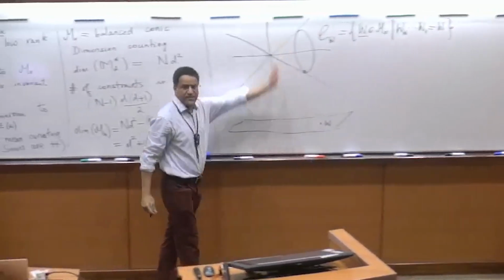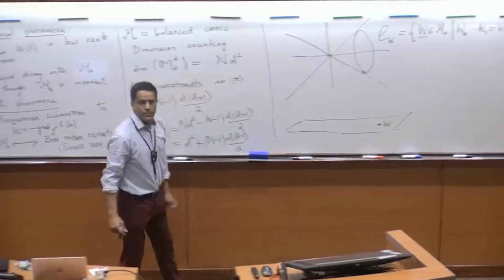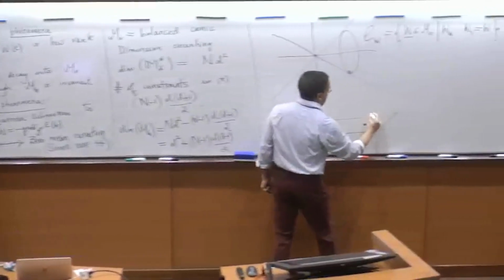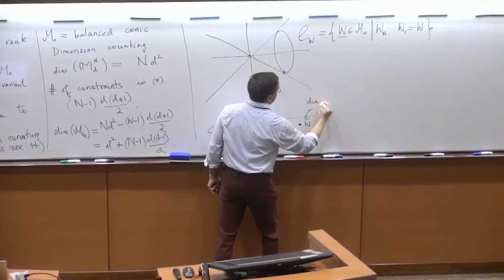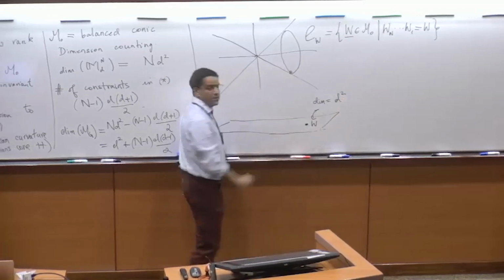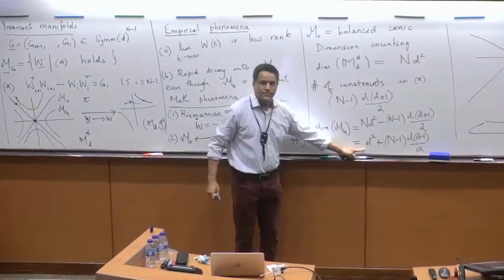So I'm taking a slice through this cone, and the slice corresponds to this guy over here. Okay? So this guy has dimension equal to d squared. So that's the dimension down here.